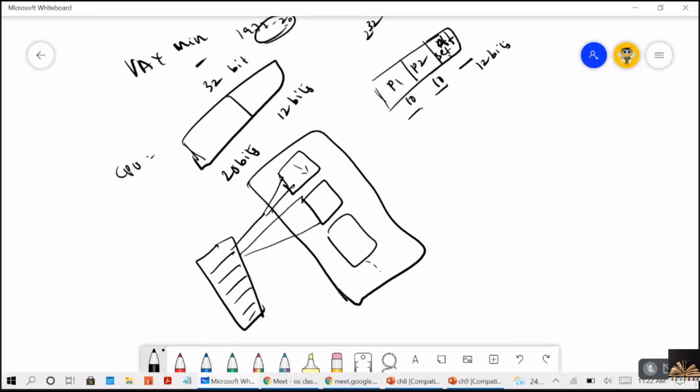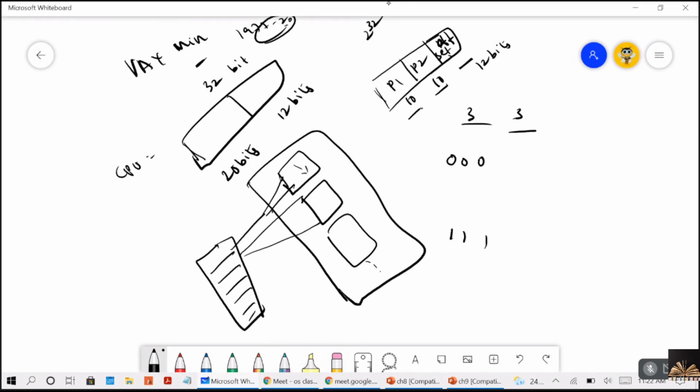So see, you will get how they will be mapped. I'm taking a simple example, let's say 3 bits. So 3 bits representation is 000 to 111.